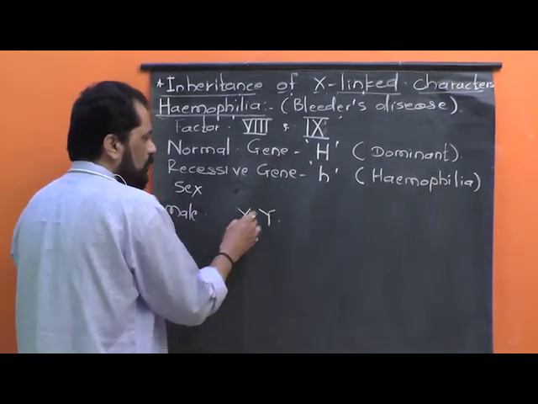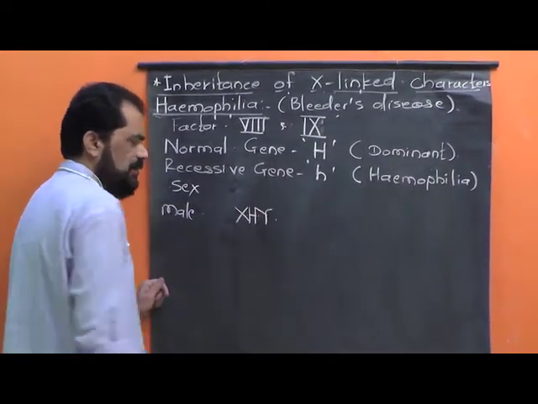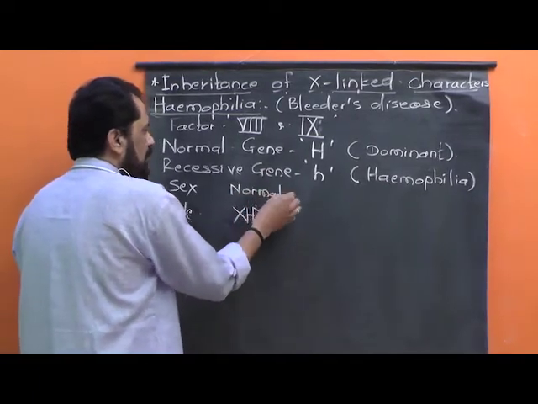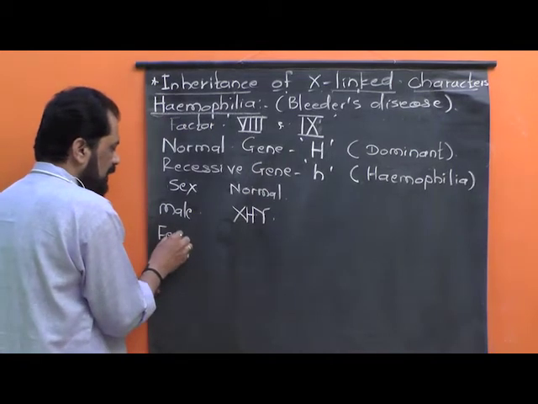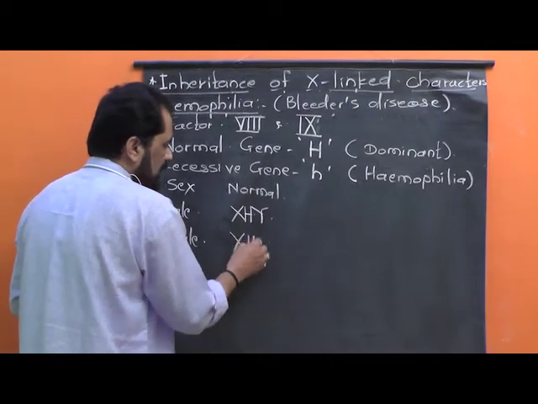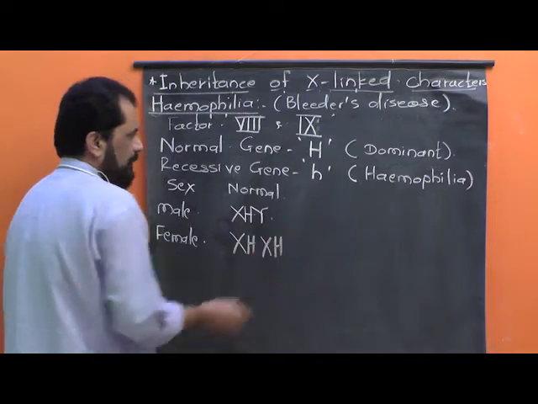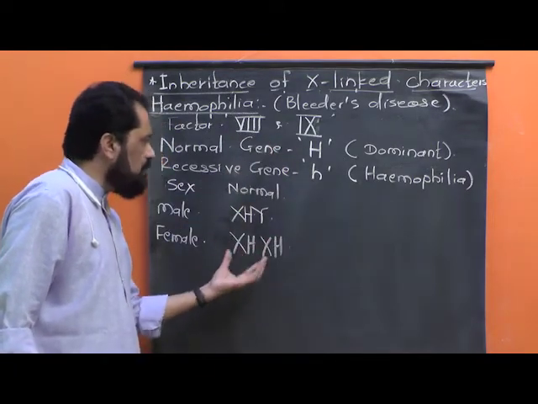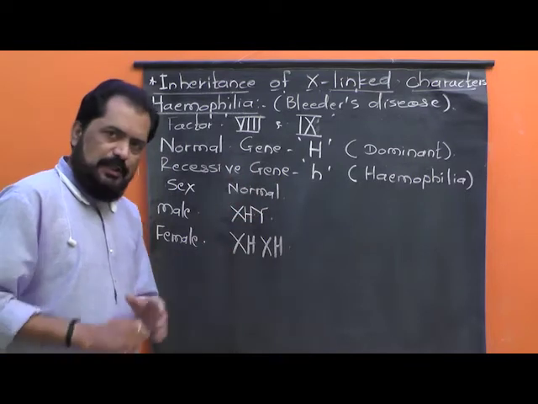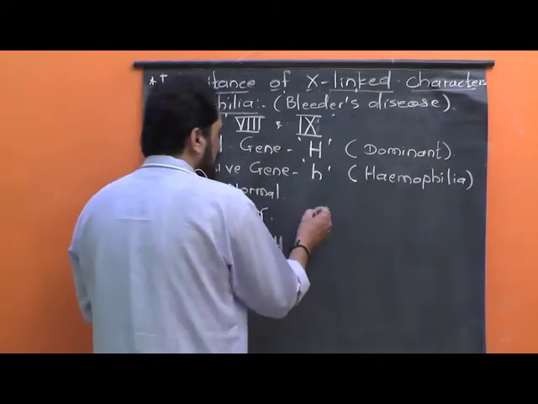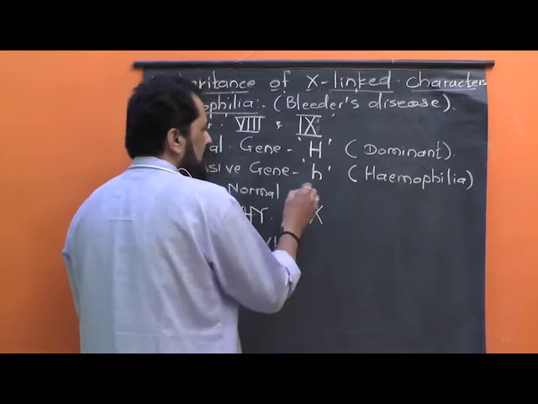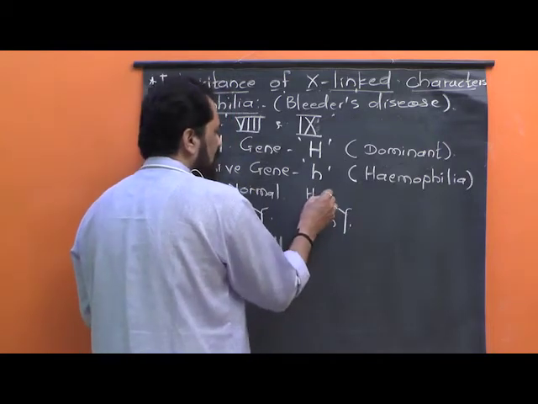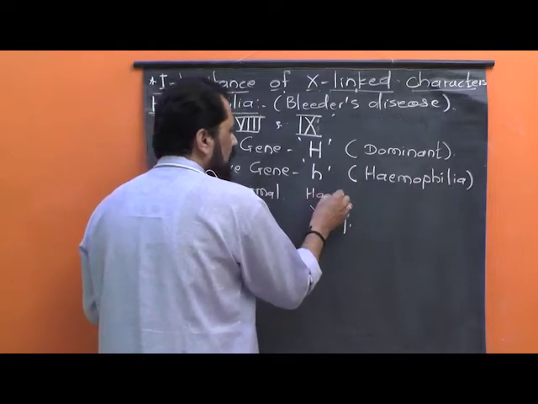If on X chromosome dominant gene H is present, then such male is said to be normal. And in female, if dominant gene is in double dosage condition, that is dominant gene if present on both of the X chromosomes, then such female is said to be normal. If in male this gene is in recessive condition, then such male is said to be with hemophilia.